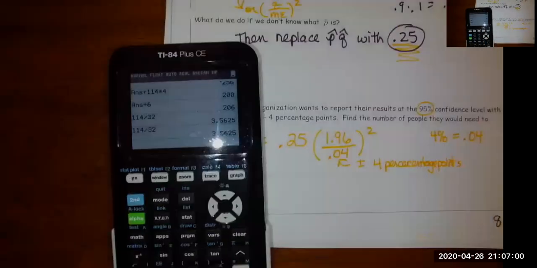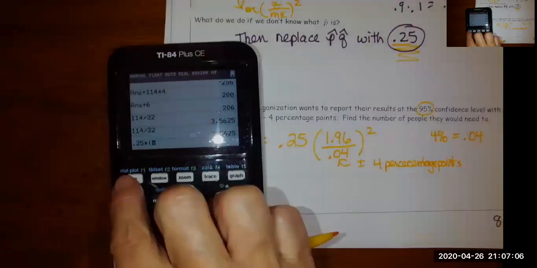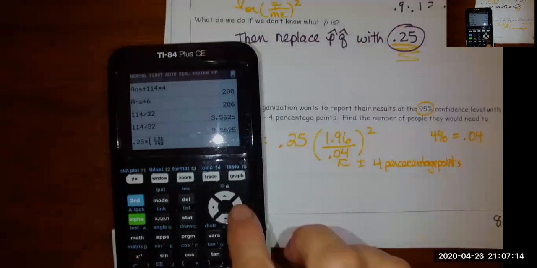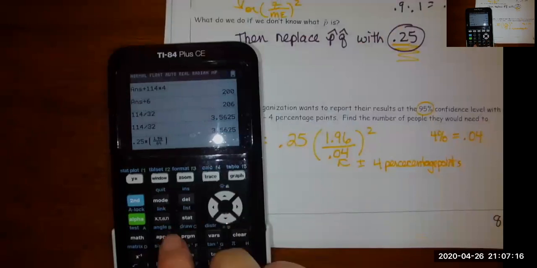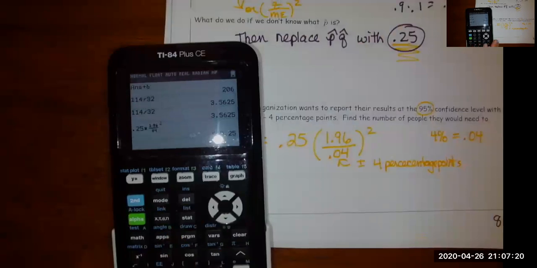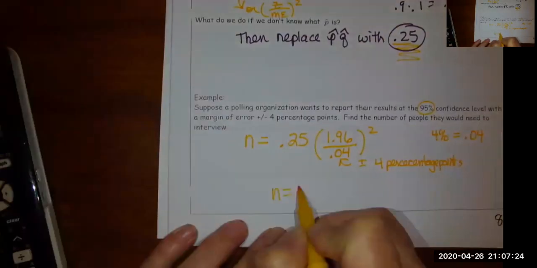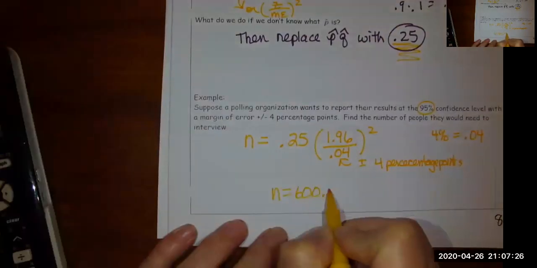So I can do 0.25 times parentheses 1.96 over 0.04, and I can square that, right? So it's 600.25. N equals 600.25.